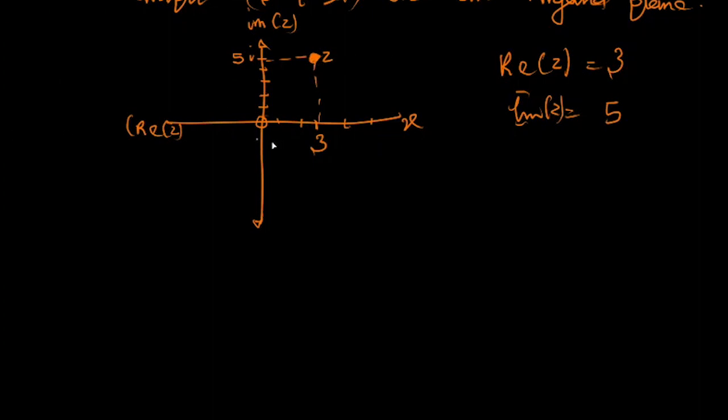So I hope this is not so confusing. Okay, let me just go one step further. If z was to be -3 minus 5i, and we were to graph this, we know of course that our -3 will be somewhere here, not to scale, and our -5i will be somewhere here.